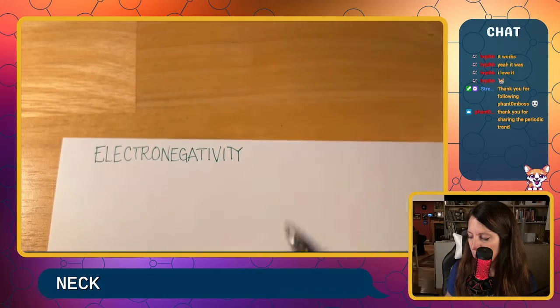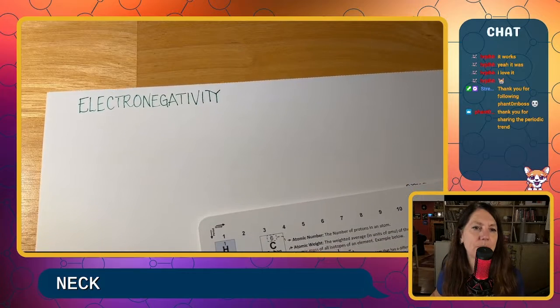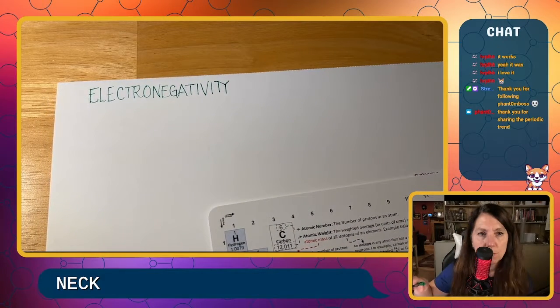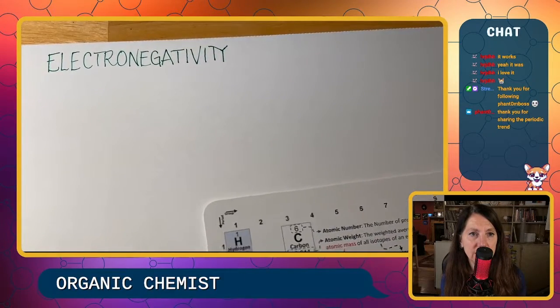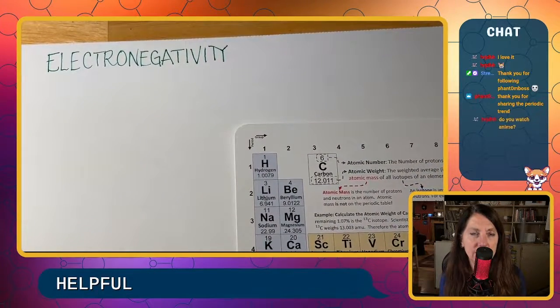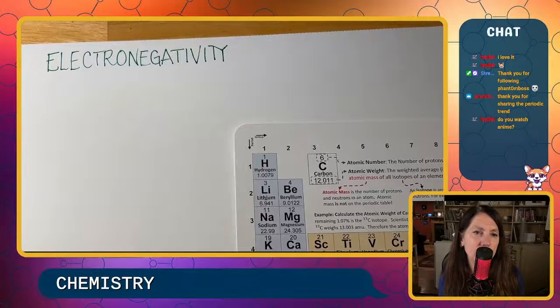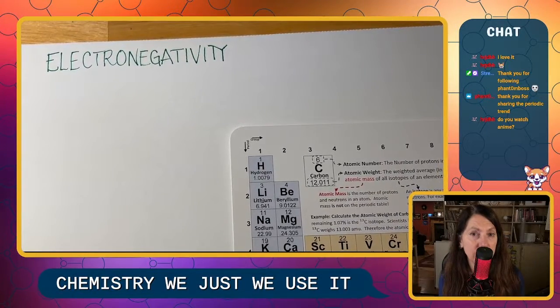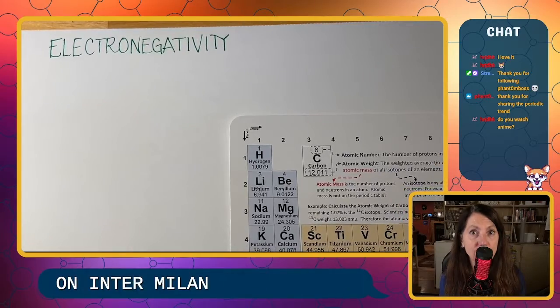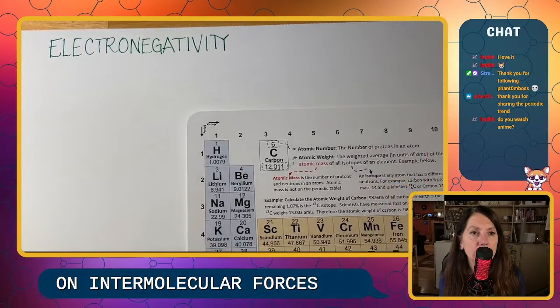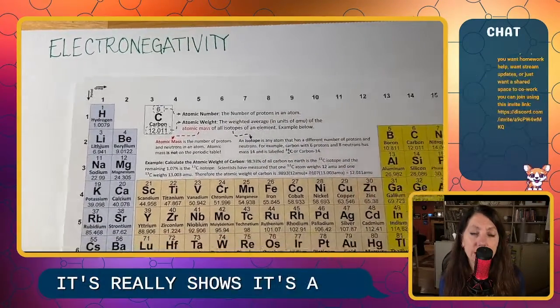It's really helpful in organic chemistry. It is helpful in inorganic chemistry. We use it all the time. It has effects on intermolecular forces, so it really shows itself in many places.